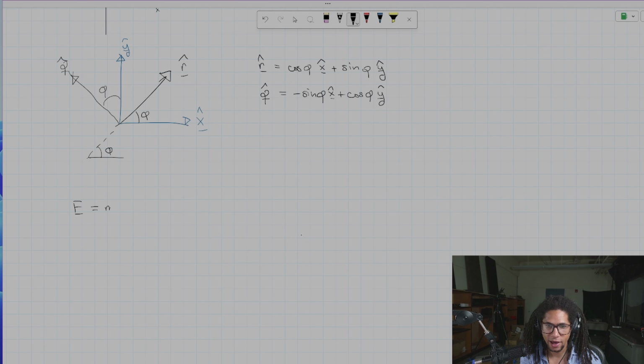F is equal to m times r double dot, and let me actually make sure to write in that this is a function of time. I'm going to presume here, actually, like let's put in F's dependence on time as well. Okay. And now let me move m to the other side so that this looks like an equation for r double dot of t.